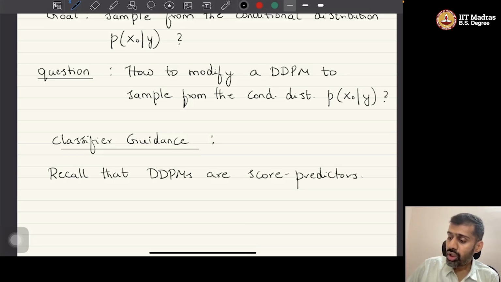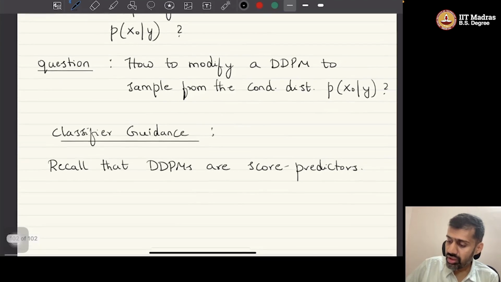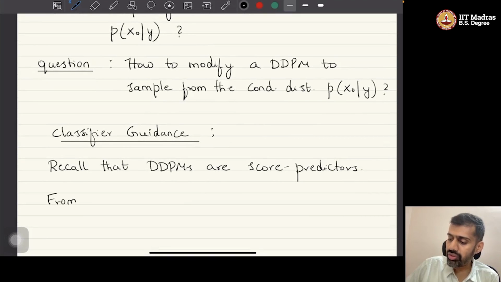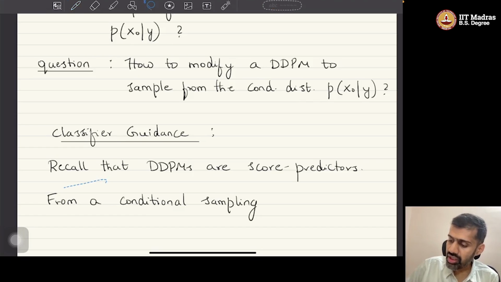Now from a conditional sampling perspective, let me write it fully for the previous case.